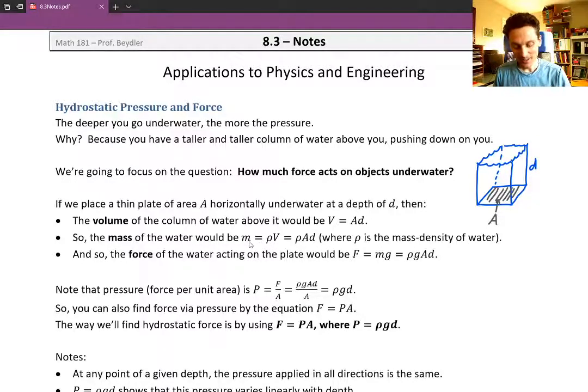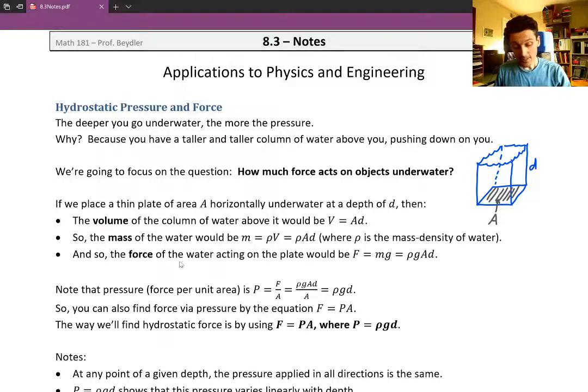So we have the mass is equal to the mass density, which will be something like kilograms per cubic meter, and then times the volume, which might be in cubic meters. And so there we would just get kilograms in that case of mass. But volume, we already said, was A times D. It's the area of the thin plate times the depth of water.